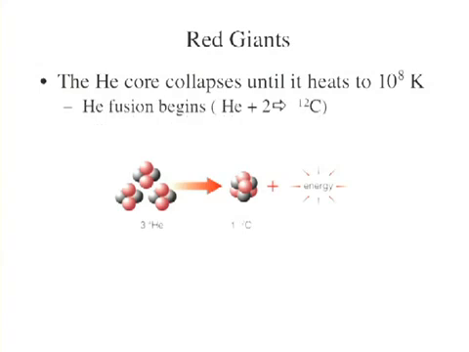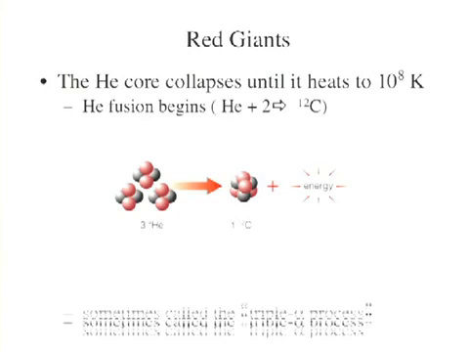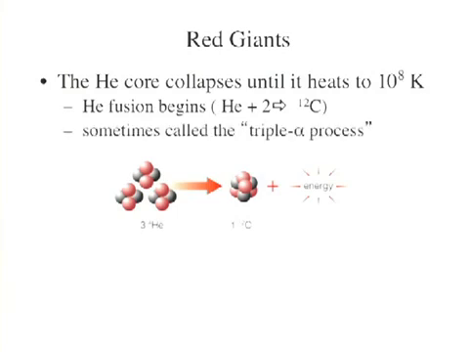Now, there are lots of problems. The first problem, I think I mentioned this, is that it is very, very unlikely that you're going to get 3 atoms together to form a carbon. It takes 3 of these things to all merge together, and they make a carbon nucleus.